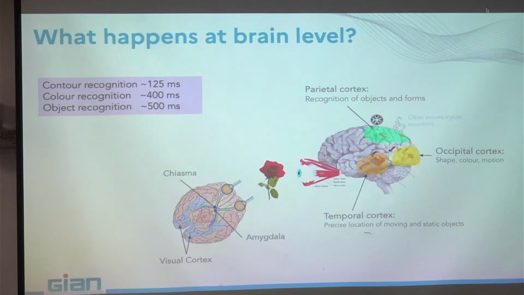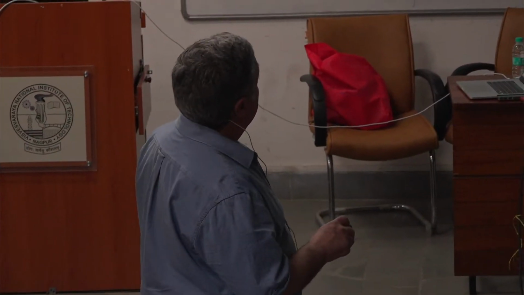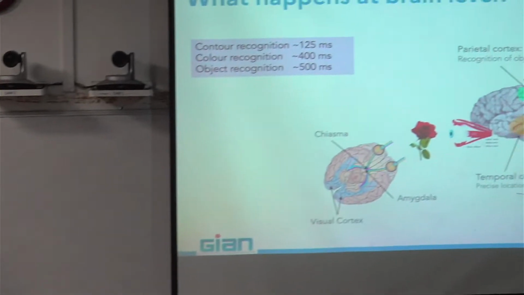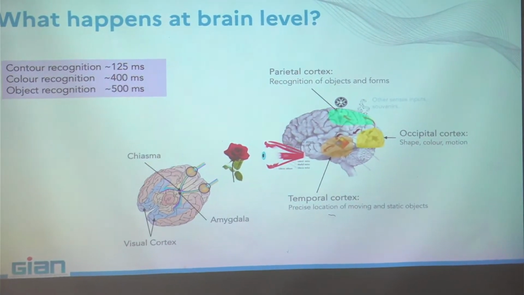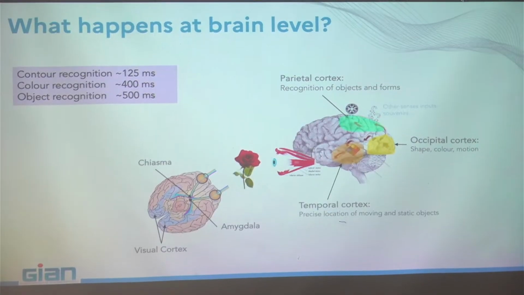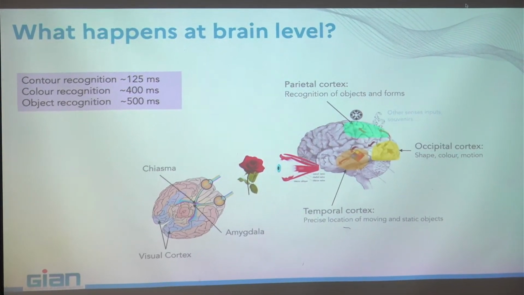In fact, the brain is trained to recognize contours very rapidly. That's because the eye helps the brain to see the contour. You need 25 milliseconds to recognize a contour. You need 400 milliseconds to recognize a color object. The color came later to our species, and it is a slower function. And finally, you need almost half a second to recognize an object, to see, I see a red rose.